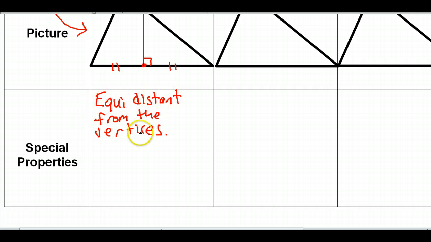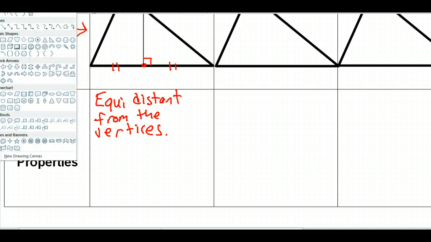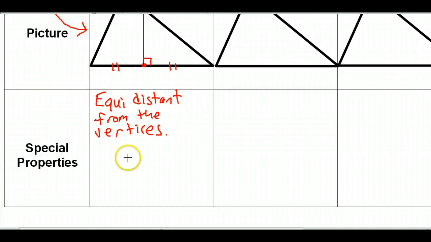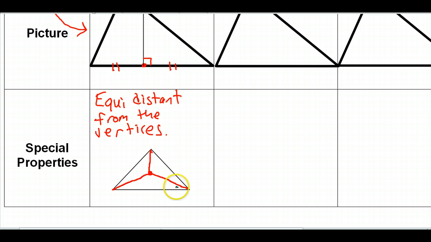I kind of messed it up a little bit. Now, if I were you, I would go ahead and draw a little picture of that one, just to remind yourself what equidistant from the vertices means in a picture. So this is what I mean. Just make yourself a little diagram, something like this. And there's my circumcenter, and here's what equidistant to the vertices looks like. Okay? That's what I'm looking for you to do.